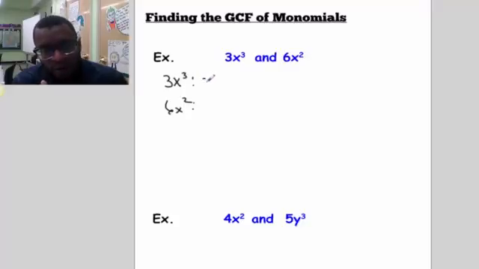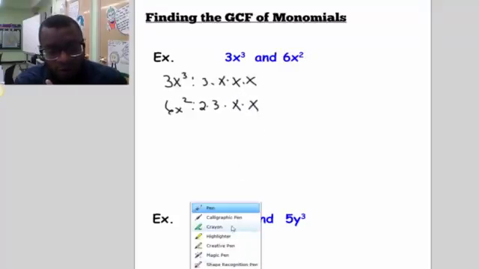So here, 3x cubed is made up of 3, and x cubed, remember, is just x times x times x. For 6x squared, it's 2 times 3, which gives us our constant, and then x squared is just x times x.